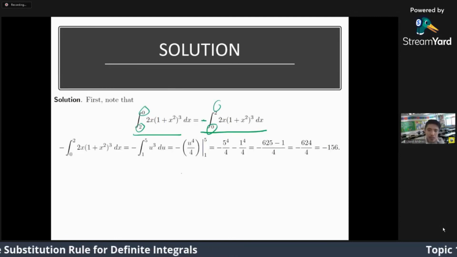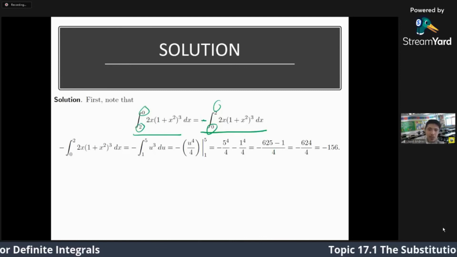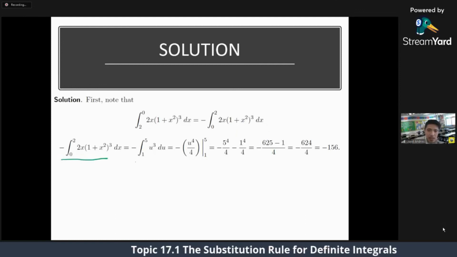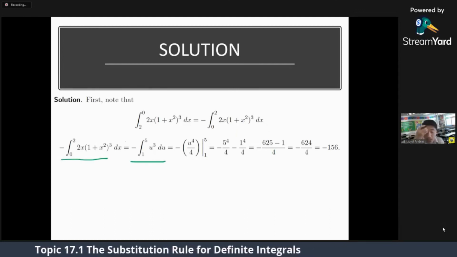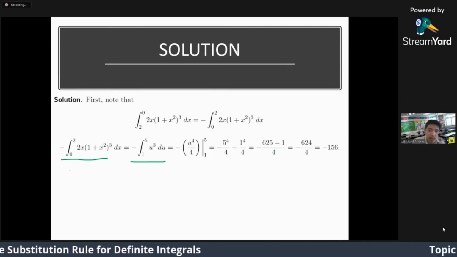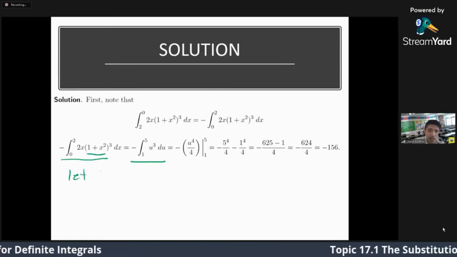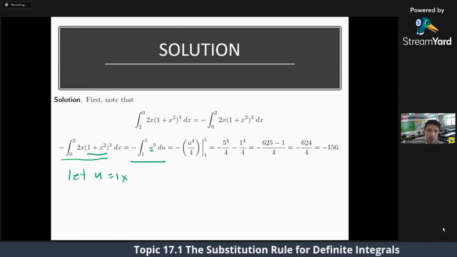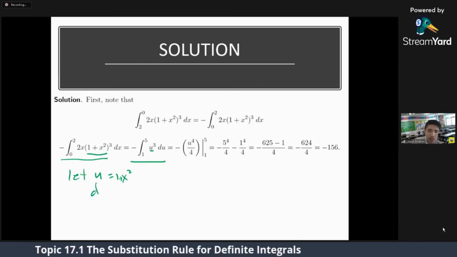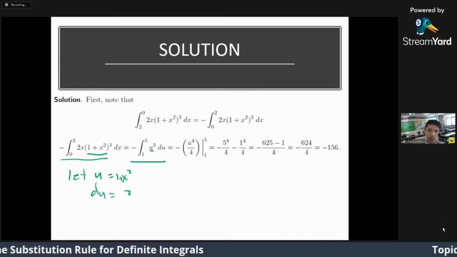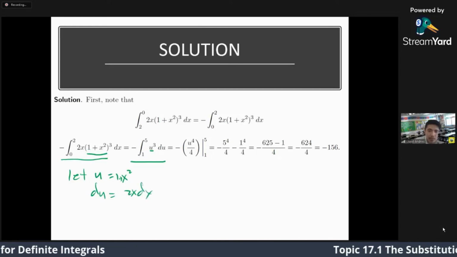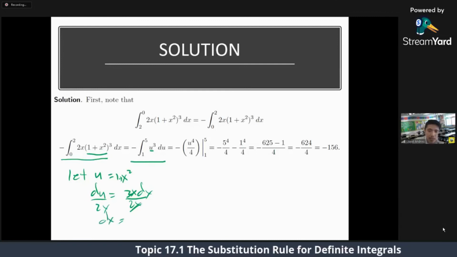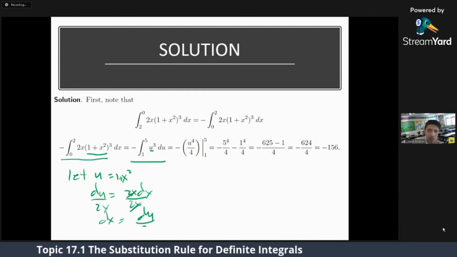And then we apply substitution. Let u be 1 plus x squared. Differentiating both sides, du equals 2x dx. Dividing both sides by 2x so that only dx remains, dx equals du over 2x.